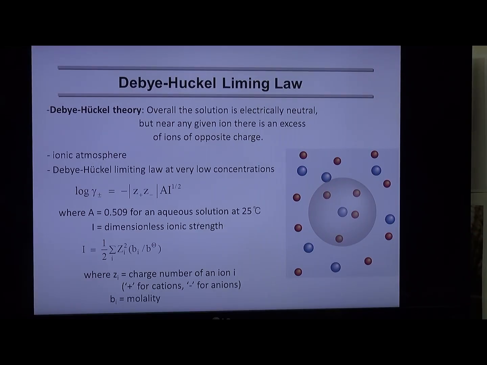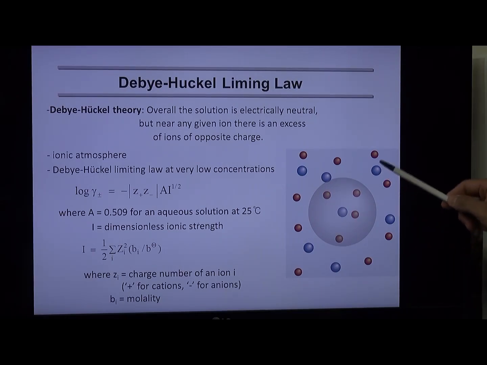But for real solutions, molecular interactions between A and A, B and B, and A and B are all different. So that difference in molecular interactions is an important parameter to determine the difference between real solution and ideal solution. How about ionic solution, a solution containing ions?